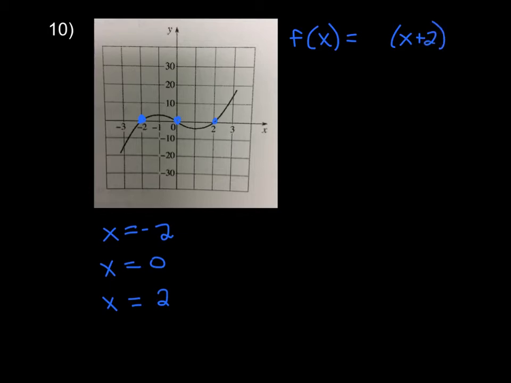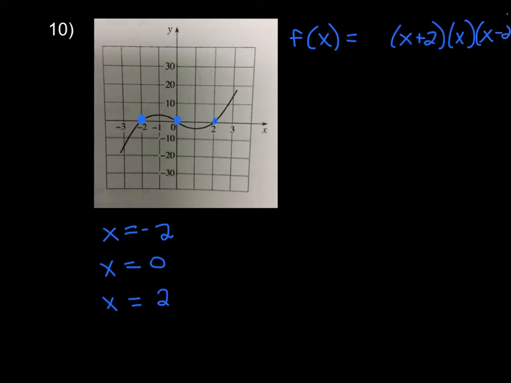Okay, if we have a 0 of x equals 0, you could write that factor as, if you want, x minus 0. But what is x minus 0? x minus 0 is just x. So I'm just going to call that x. Okay, and then if we have a zero at x equals +2, that'll give us a factor of x minus 2.